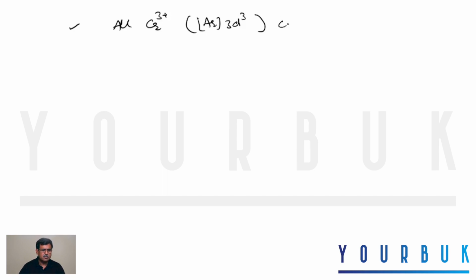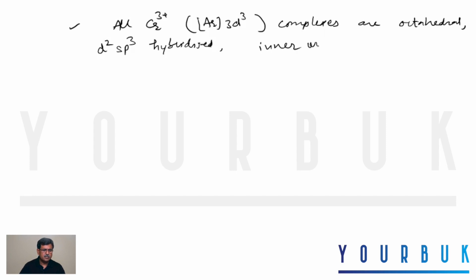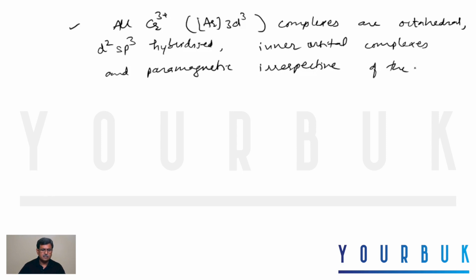So, all chromium 3 plus complexes are octahedral, d2sp3 hybridized, inner orbital complexes, and paramagnetic, irrespective of the ligand present.